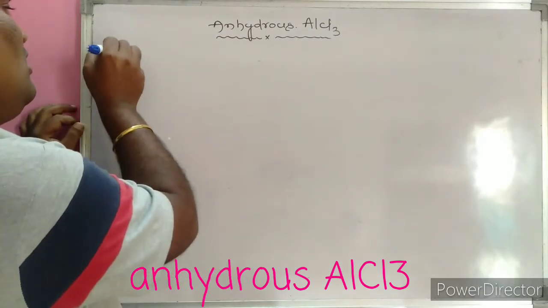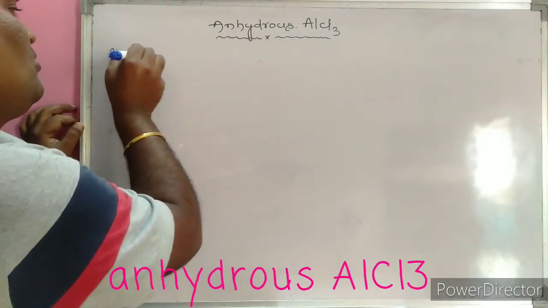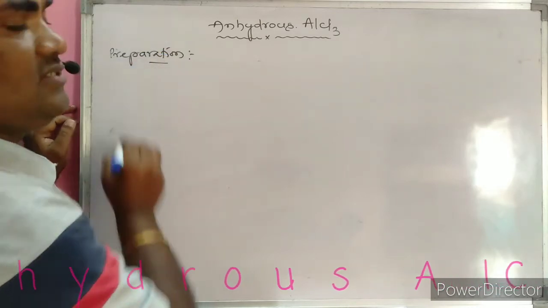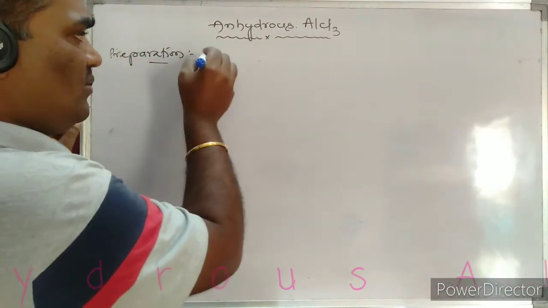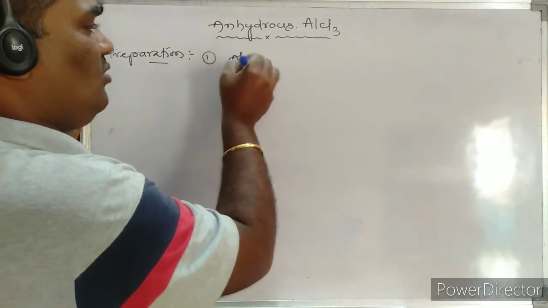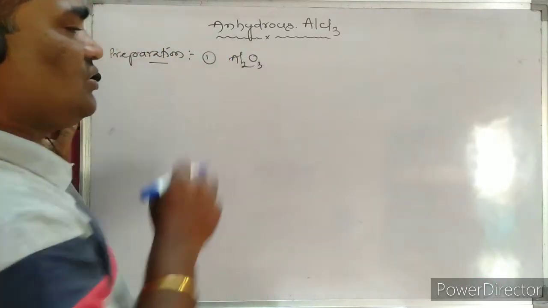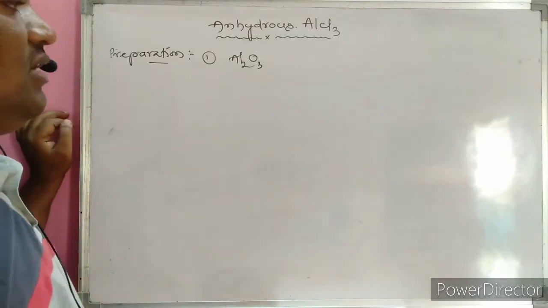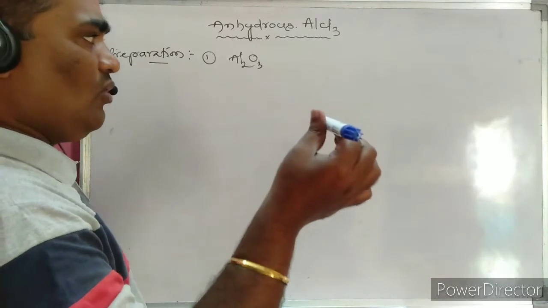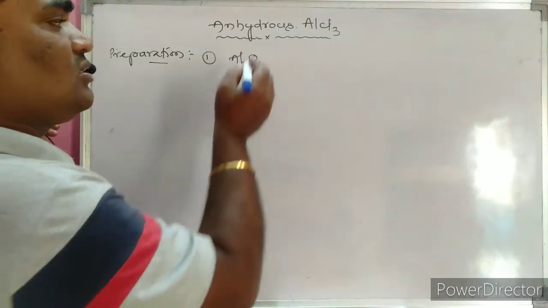What are the methods of preparation of aluminum chloride? The first method is from bauxite. Bauxite has the formula Al2O3. The metal strip of bauxite is fixed in a sealed tube and chlorine gas is allowed to pass through.